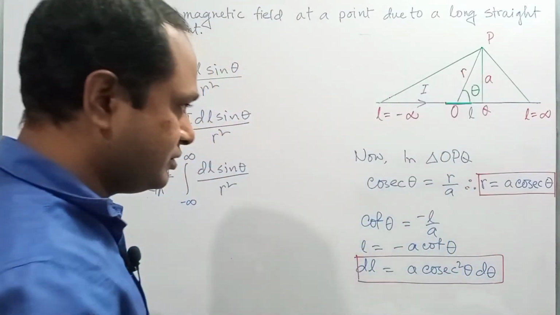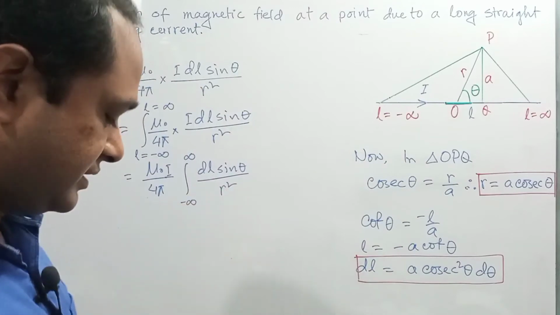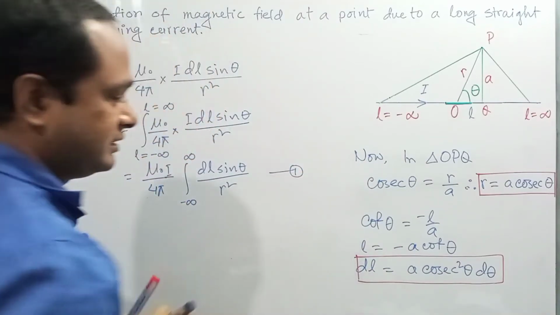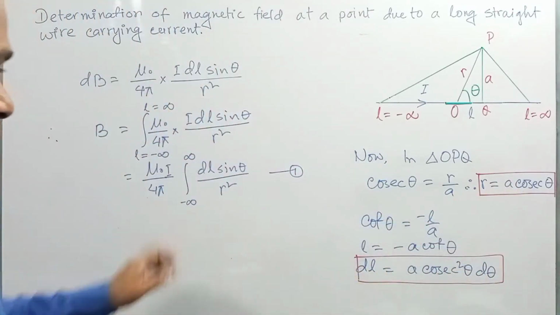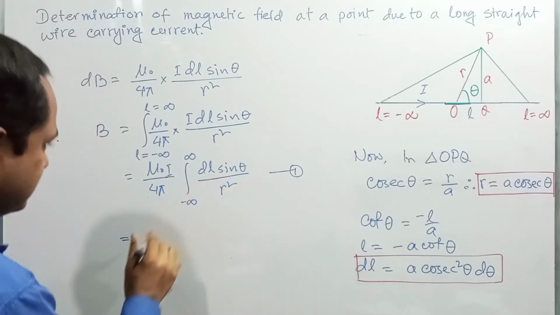So now we are going to use the values of r and dl in this expression. If this is expression number 1, then we use these two values r and dl in the expression.